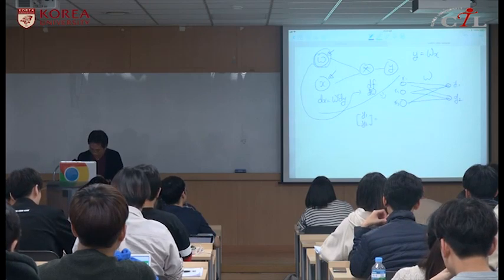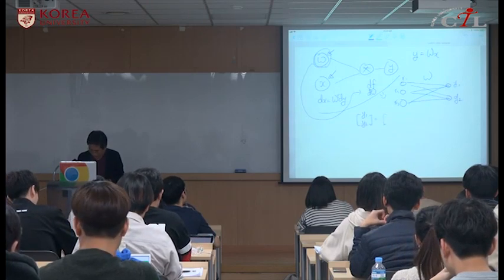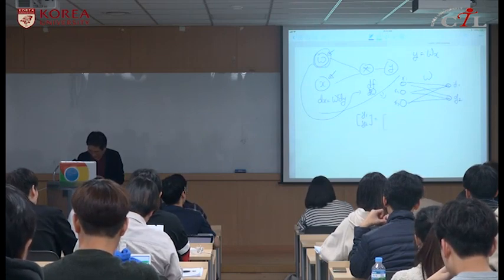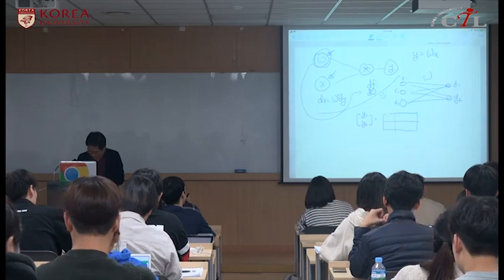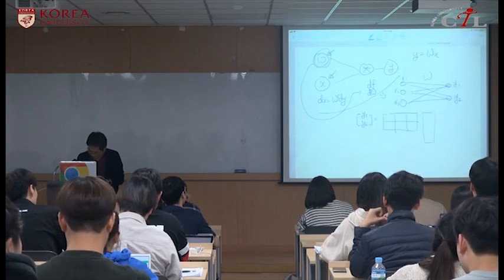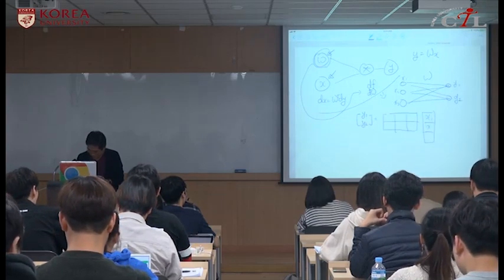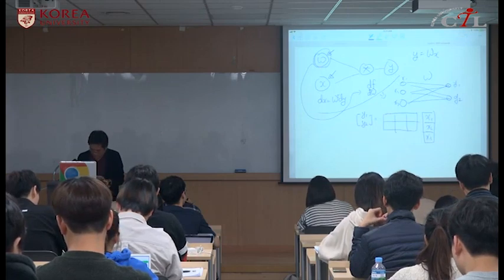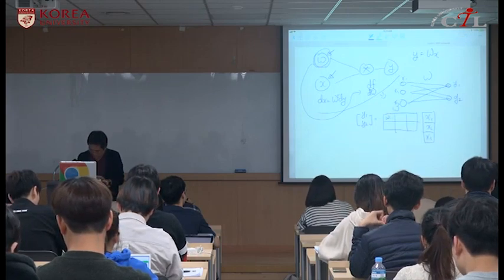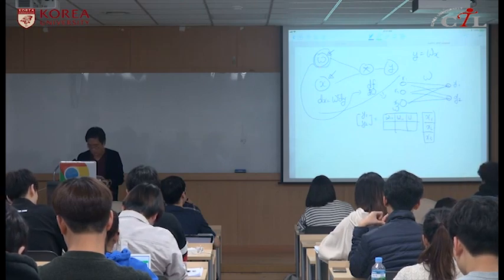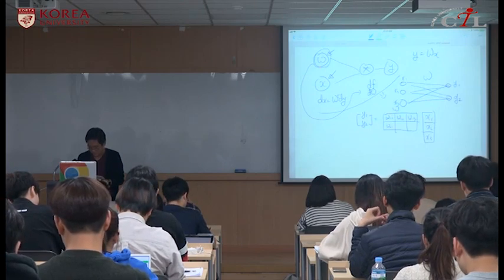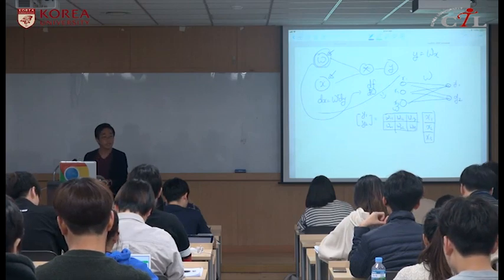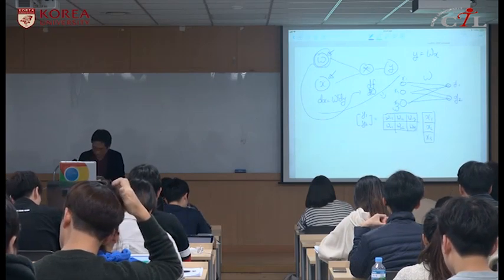This vector output is represented as w times x. Let's enumerate each element in our W as W11, W12, W13, W21, W22, W23.